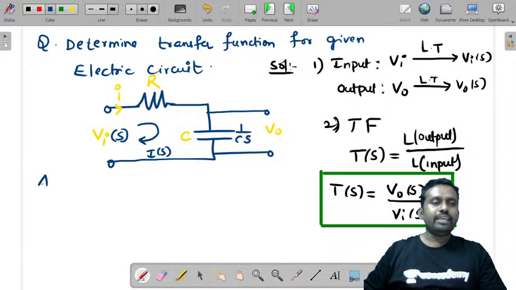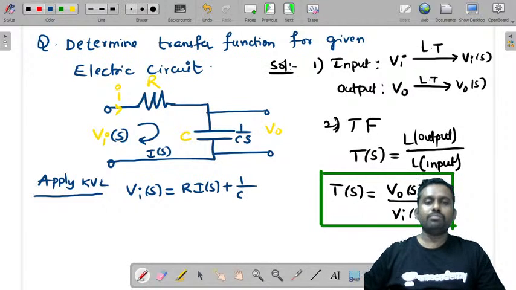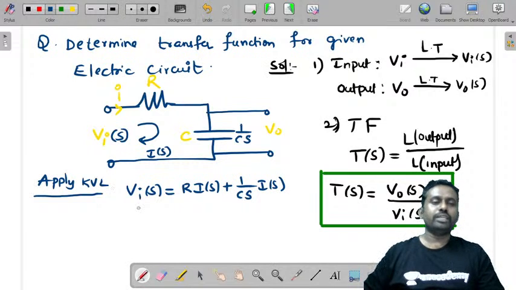So first apply KVL to this. Vi of S is equal to R into I of S plus 1 by Cs into I of S. This is the input equation.